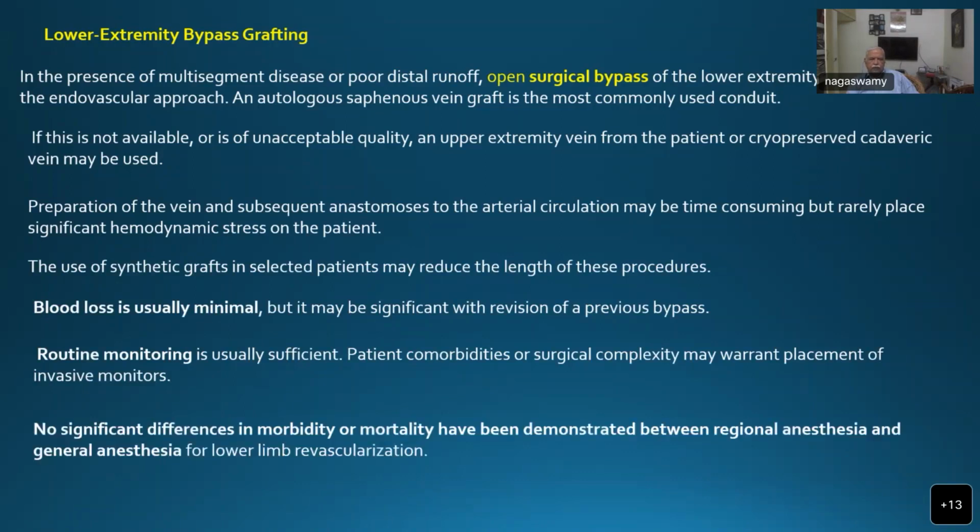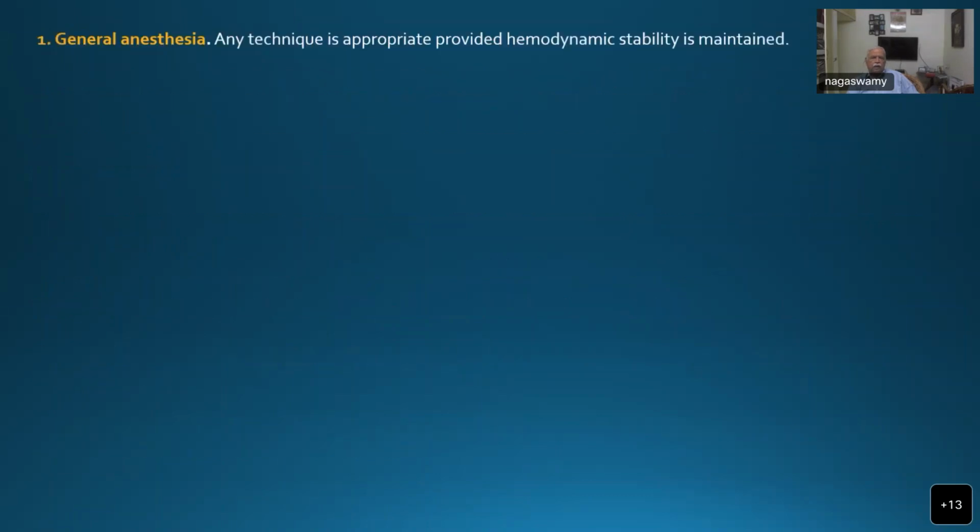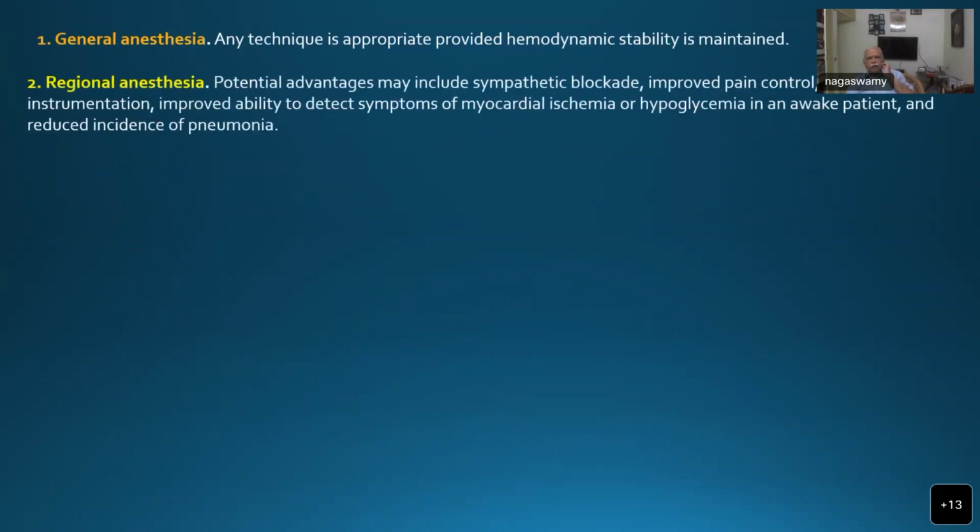And there is no significant difference in mortality or morbidity between regional and general anesthesia for lower limb revascularization. Coming to general anesthesia, any technique is appropriate provided hemodynamic stability is maintained.